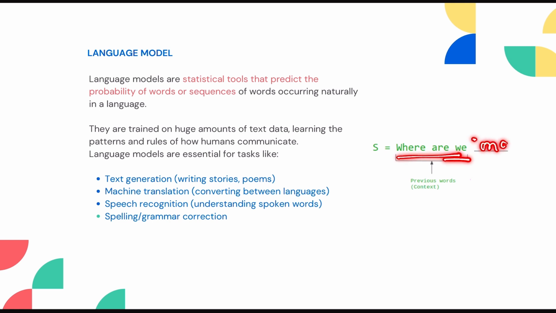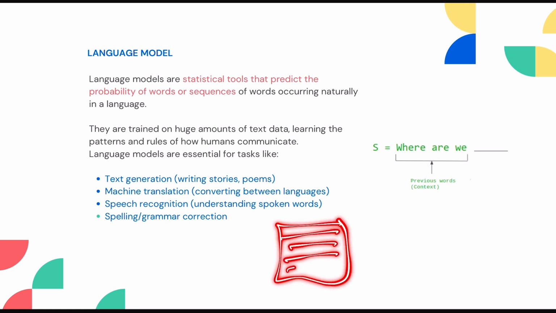As a human, we can say "where are we going". They are trained on huge amounts of text, learning the patterns and rules of how humans communicate. It's like teaching a kid, giving lots of examples of how a sentence can be used and what the next word would be.